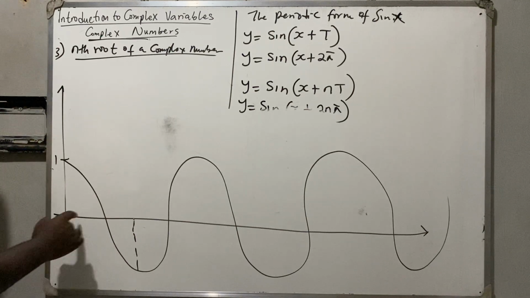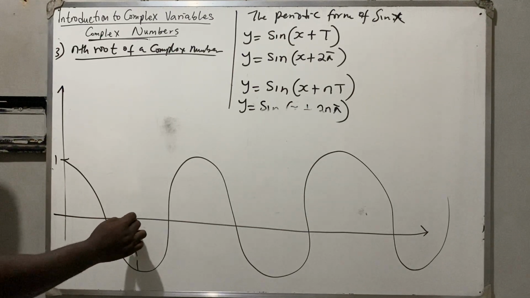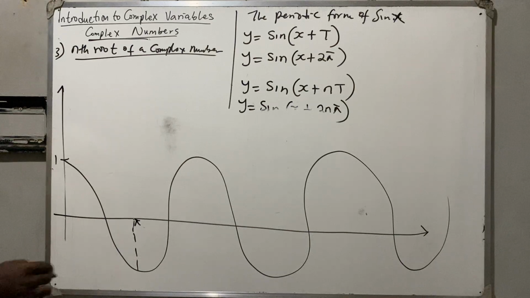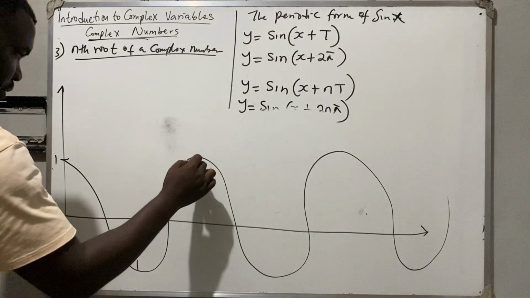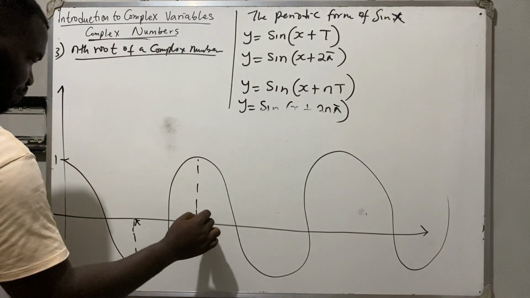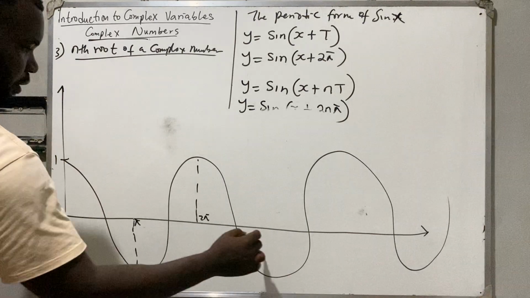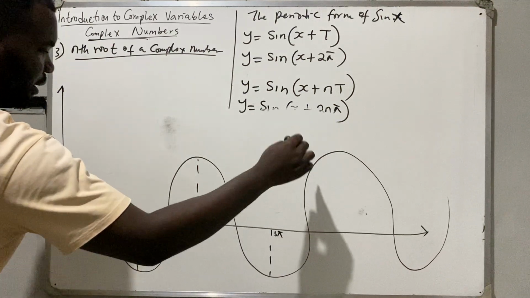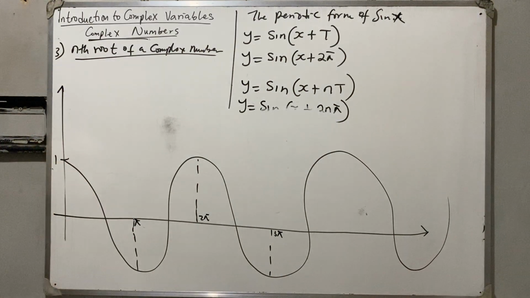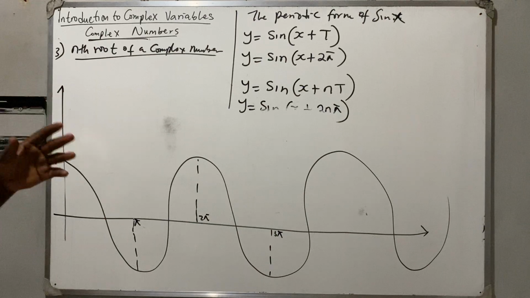From here to somewhere half here is our pi. Then another half here, from half here to another half here is our 2 pi. From half here to another half here is our 3 pi, like that, and on and on. So you see that it's the same thing with sine.